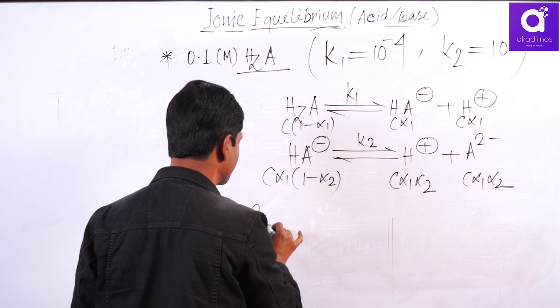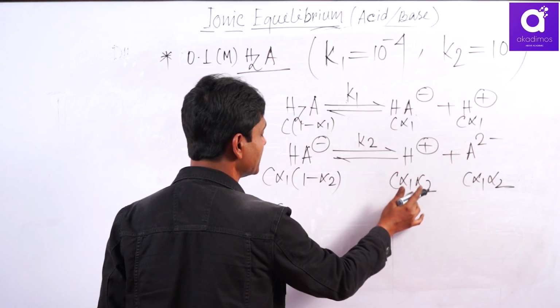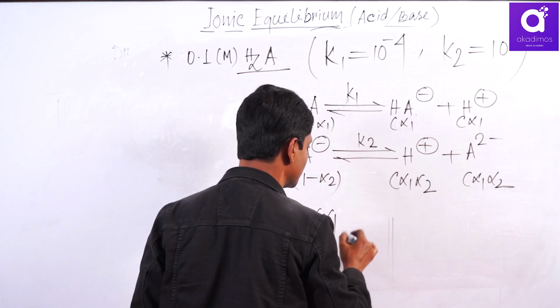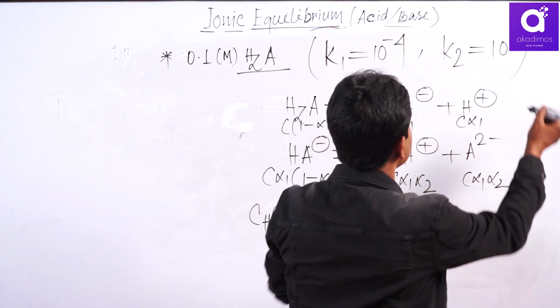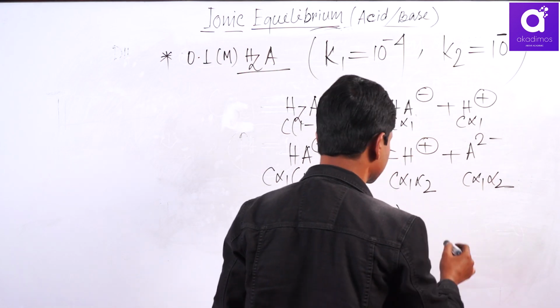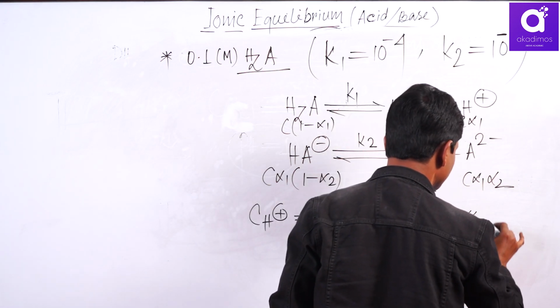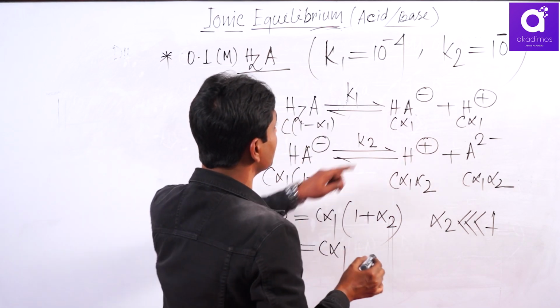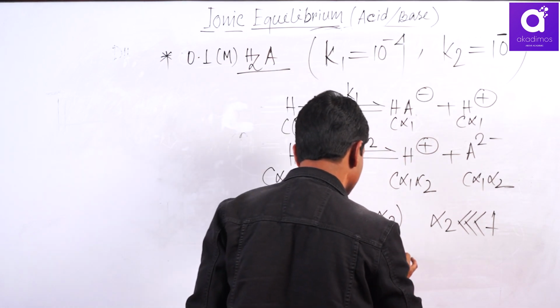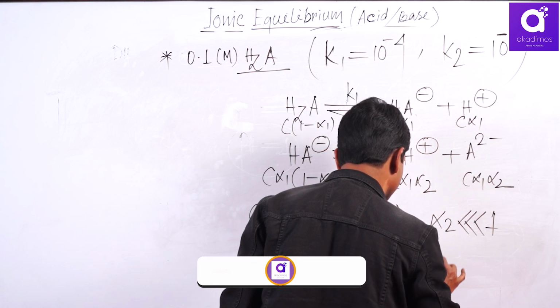Now the concentration of H plus is equal to this plus this; you can take common C alpha 1, 1 plus alpha 2. See, the K2 value is 10 to the power minus 9. You can easily neglect alpha 2, too much less than 1, so it is C alpha 1. And of course K1 is also 10 to the power minus 4, so alpha 1 also you can neglect with respect to 1.